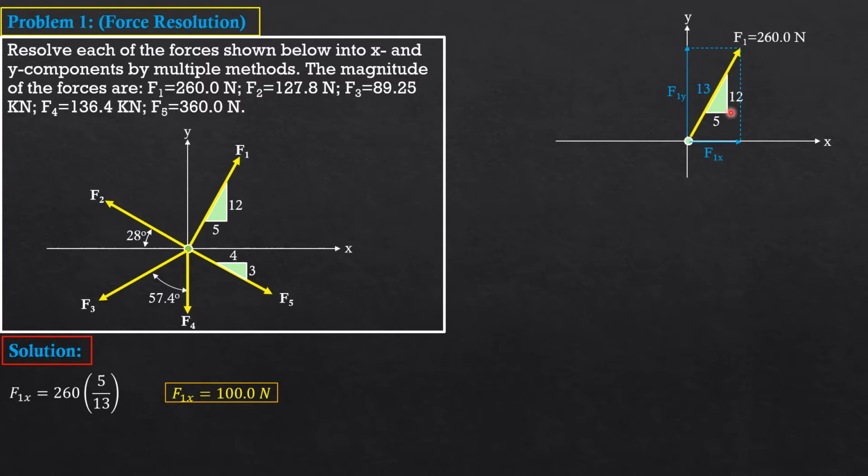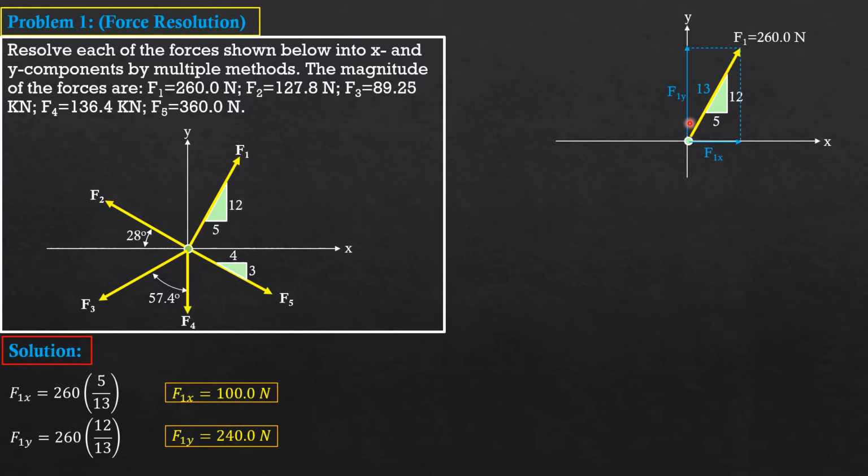F1y is the magnitude of the force 260 times the y component of distance divided by distance. So 260 times 12 over 13, and that is also positive. So 260 times 12 over 13, and that is equal to 240.0 newtons. That's the first way.